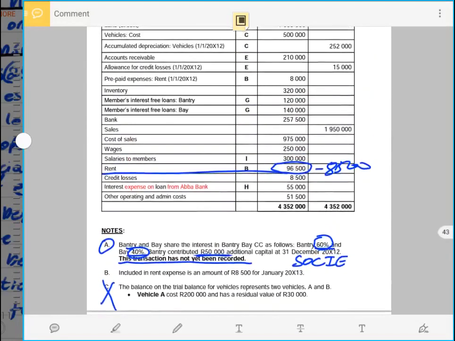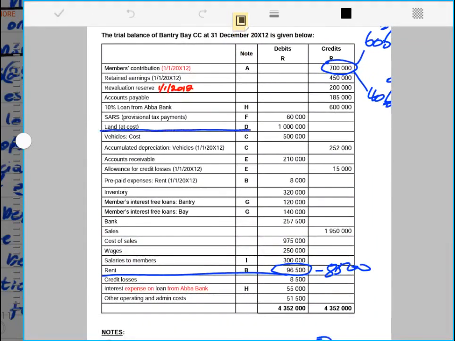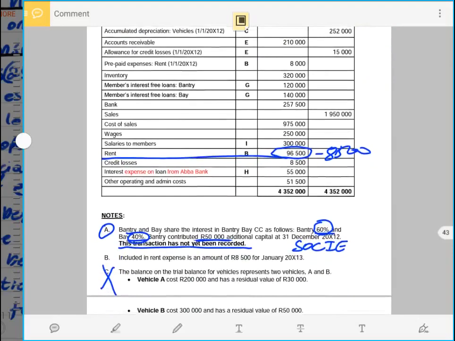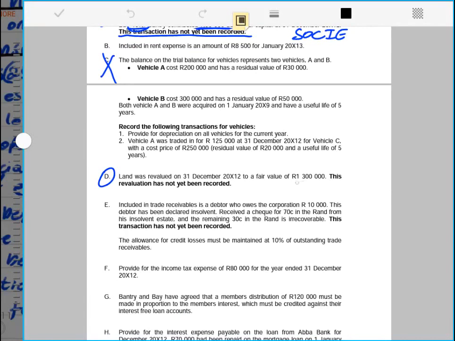So now we have to check the value of the land in the trial balance, and the land cost the business 1 million rands in the trial balance, normally at the beginning of the year. But now in the adjustment, we are told that land was revalued at a fair value of 1,300,000 rands.